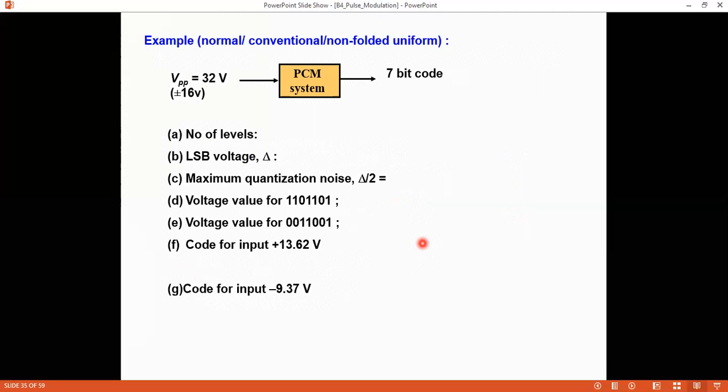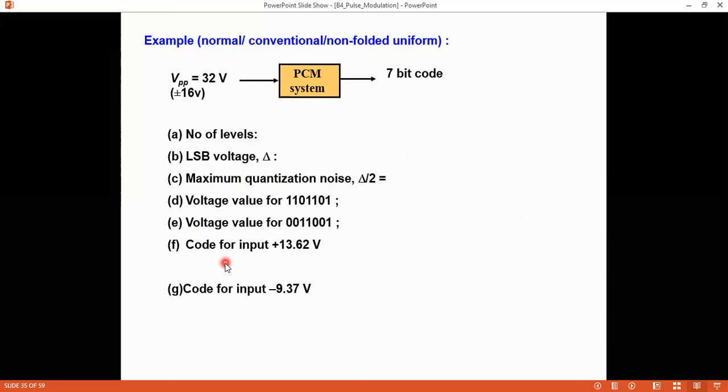Okay, in this example, our number of bits is 7 and our voltage is between minus 16 and plus 16 volts. So the V peak to peak is 32. What is the number of levels? And then the delta V, also known as the LSB voltage. The maximum quantization noise, the voltage value for 1101, and the voltage value for 1001.